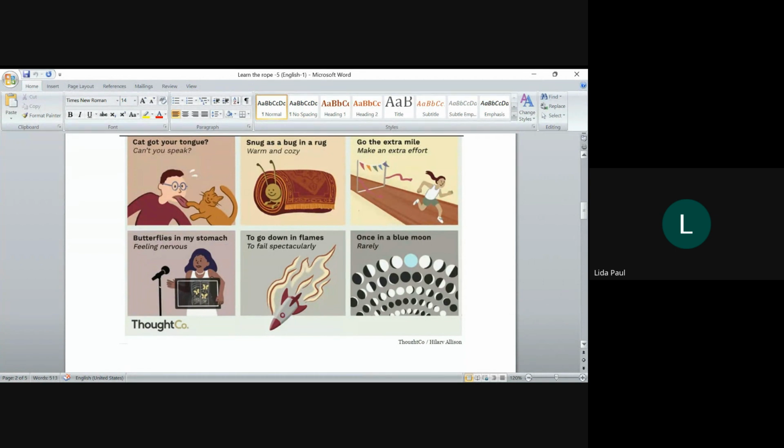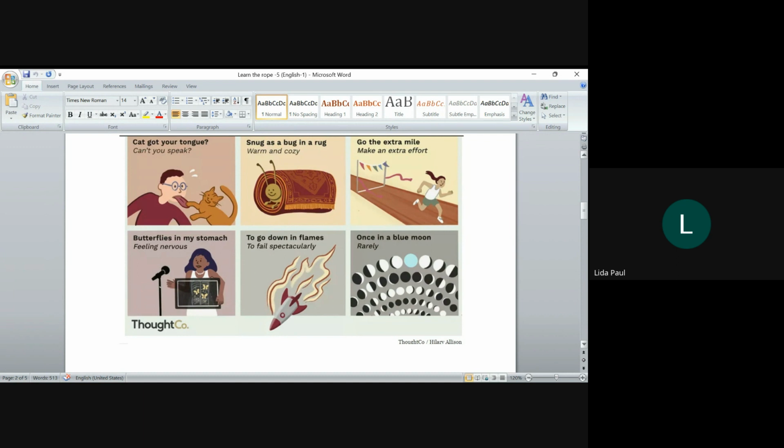Right? So you can see from the examples that we have here, some of these phrases and idioms, you can guess the meaning from the words that they use. For example, go the extra mile, it's a little easier to guess its meaning. But that's not the case with, say, cat got your tongue, right? Even snug as a bug in a rug or butterflies in my stomach, because these are things that you can feel.